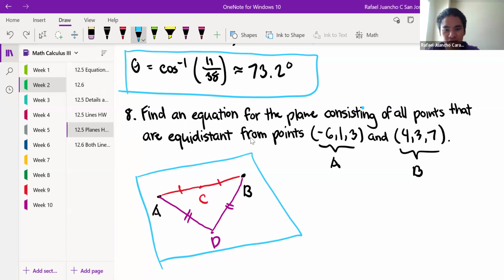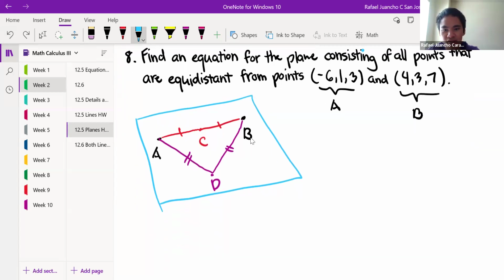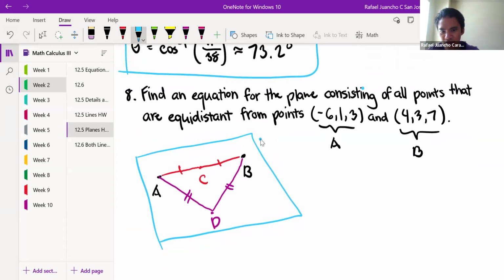All points that are equidistant from A and B. So let's say this is some A, this is some B. We got some midpoint C in the middle, or we got some D here. We could do that.